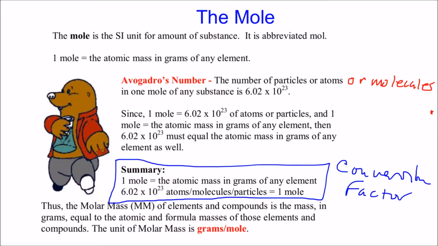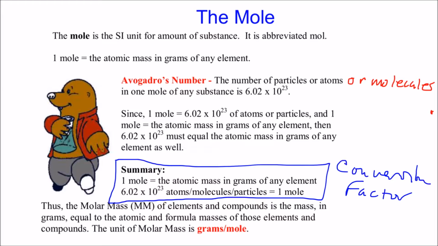One more thing is that the molar mass of any element must be equal to grams per mole in the unit. What I mean by that is if 1 mole is equal to the atomic mass in grams, then that must mean that the atomic mass has a unit of grams per mole, so that the moles would cancel out and leave grams behind.